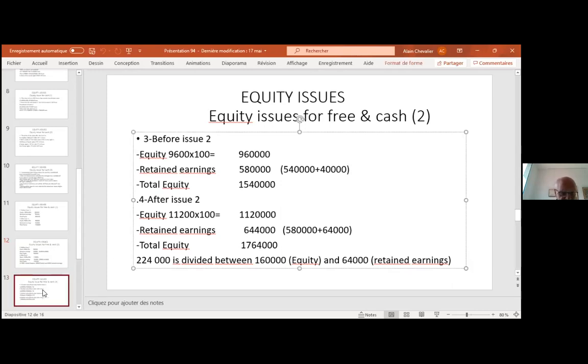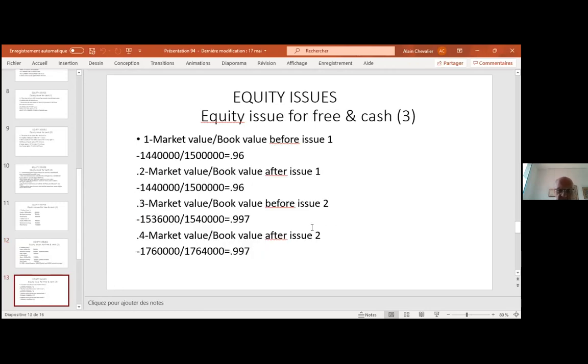Okay. Now, what you can do is a calculation of the market value over the book value before issue 1, after issue 1, before issue 2, after issue 2. This is a very classical calculation. And we know how important this ratio is and what it means.